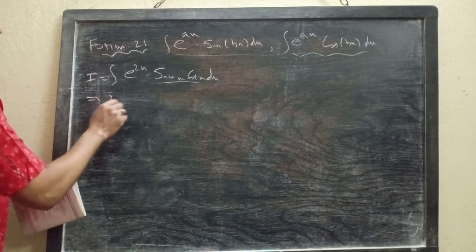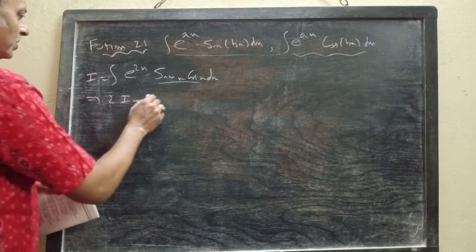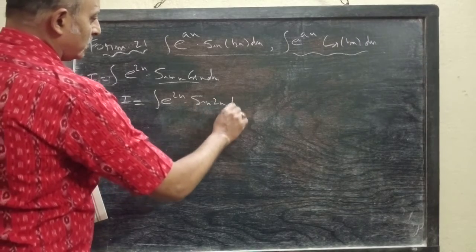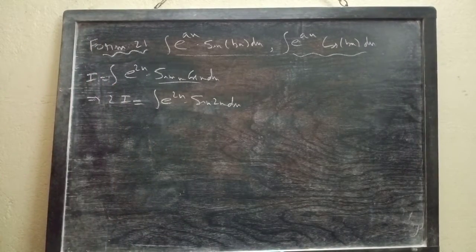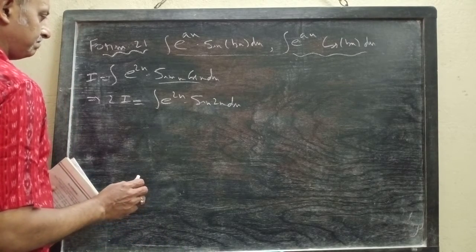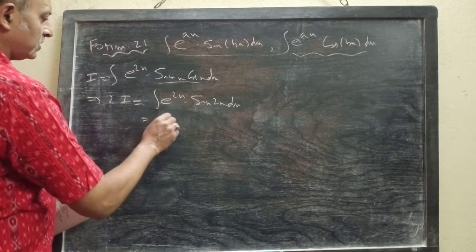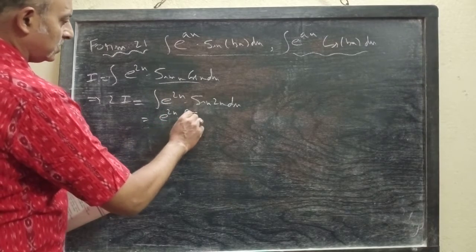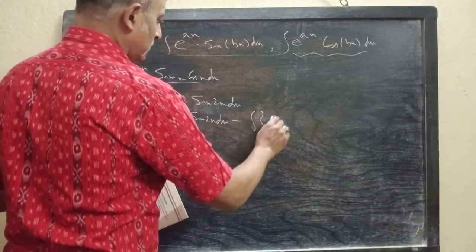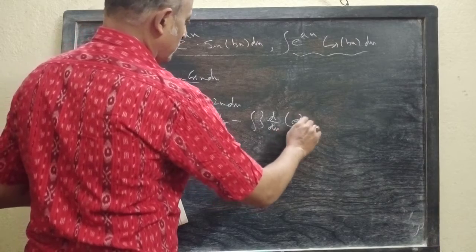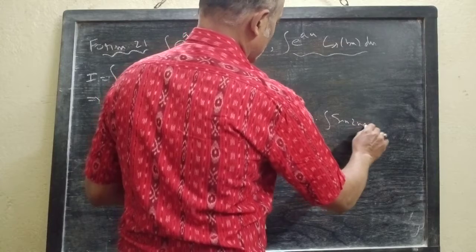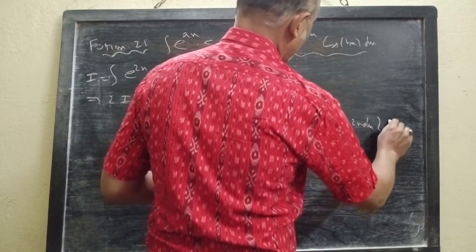I am writing 2i, which is e to the power 2x sin 2x dx. This is 2i, okay? This is our first function, e to the power 2x, times the integration of the second function, minus integration of the derivative of the first function times the integral of the second function, and then the whole integral.